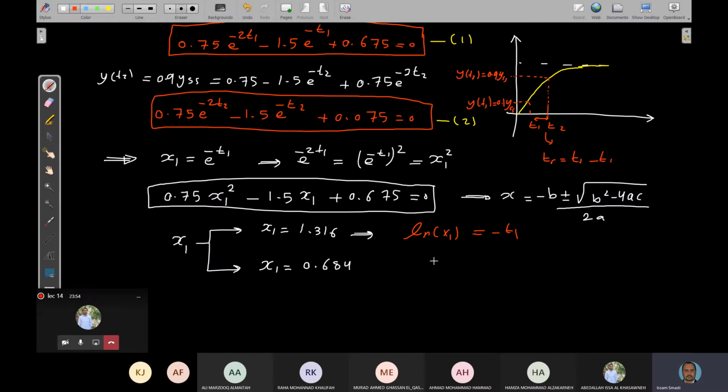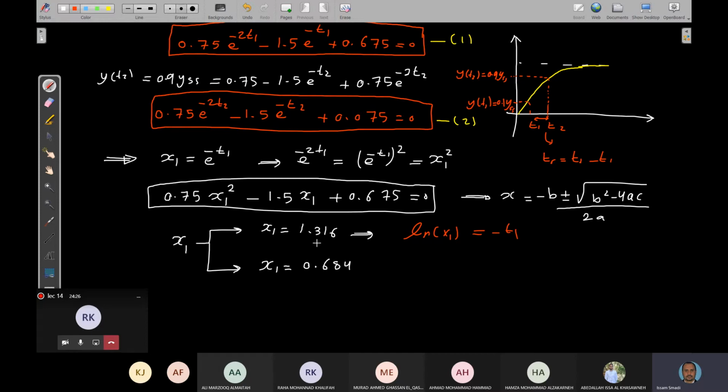Now you know that ln of 1.316 is infinity, correct? Let's calculate.